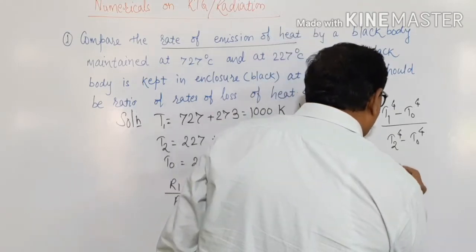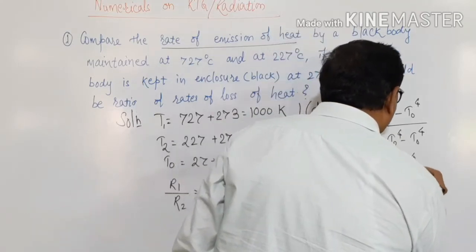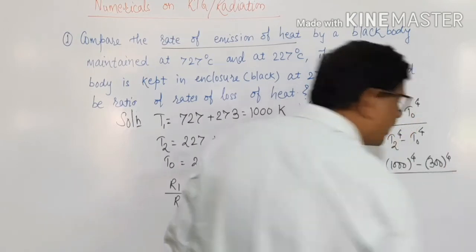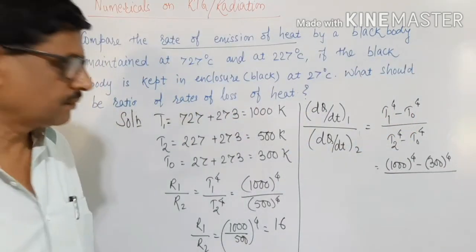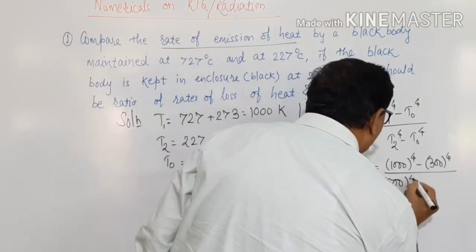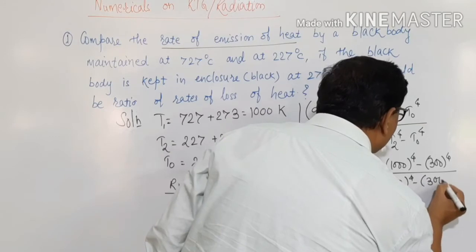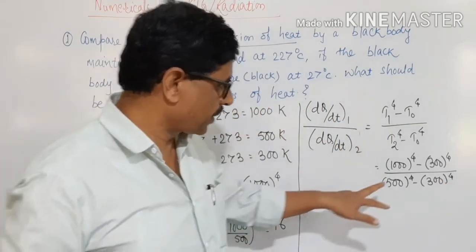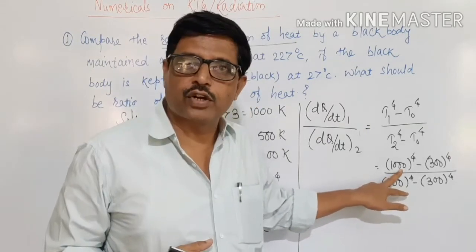It should be equal to 1000 to the power of 4 minus 300 to the power of 4, divided by 500 to the power of 4 minus 300 to the power of 4. Here we will take 10 to the power 2 common.